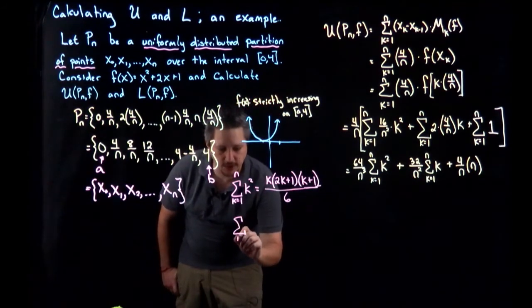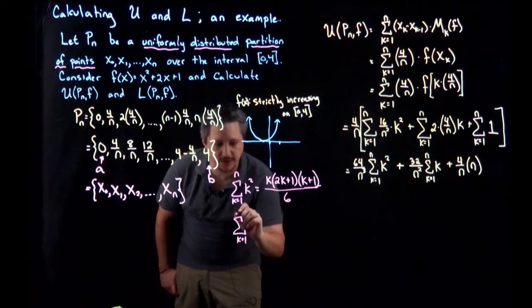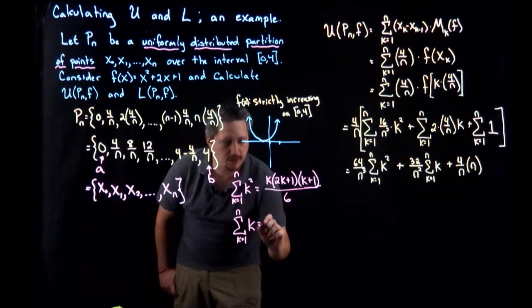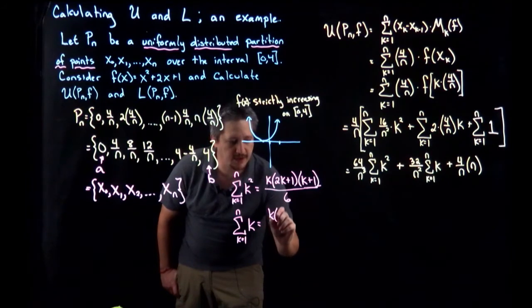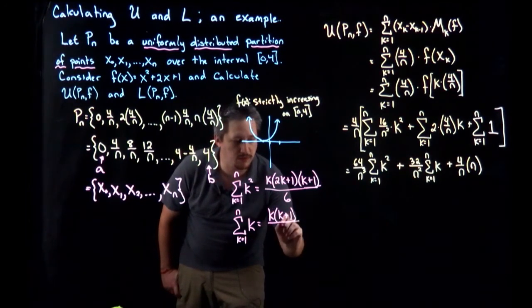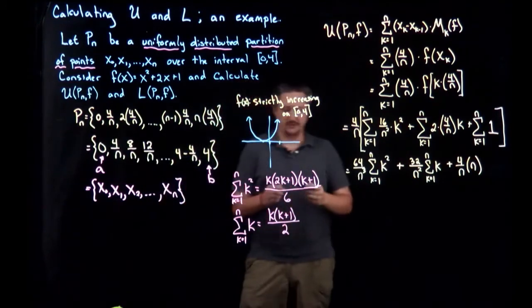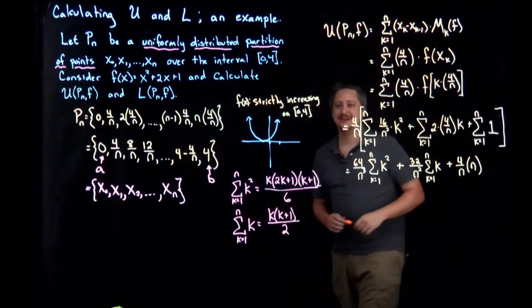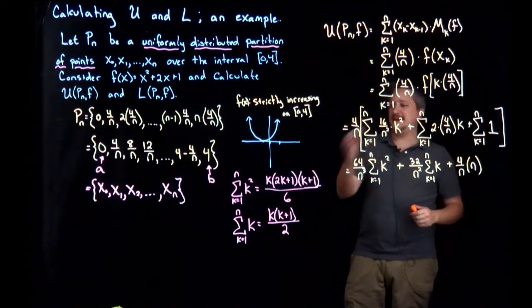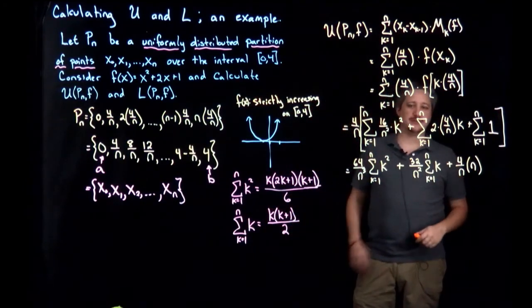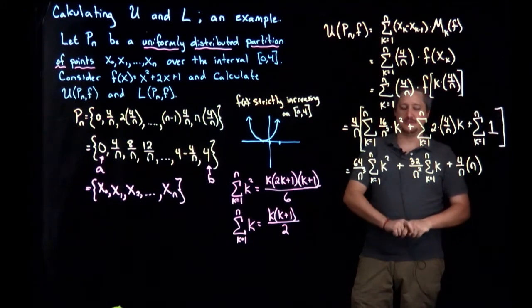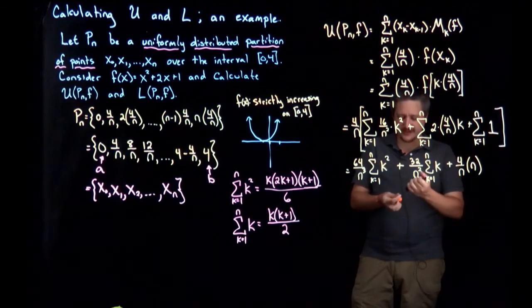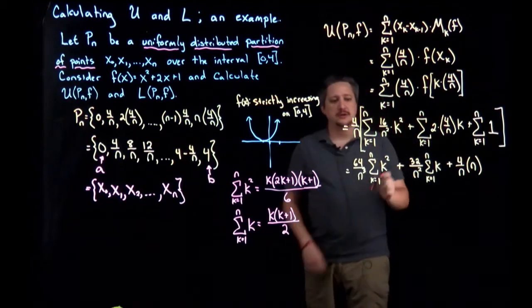And the sum k equals 1 to n of k is k times k plus 1 over 2. Okay, so these are formulas that you should know, or at least make a note of here for use later. And they were something from calculus back in the day, although you may not have used them much since then. So that's exactly what I'm going to use here.